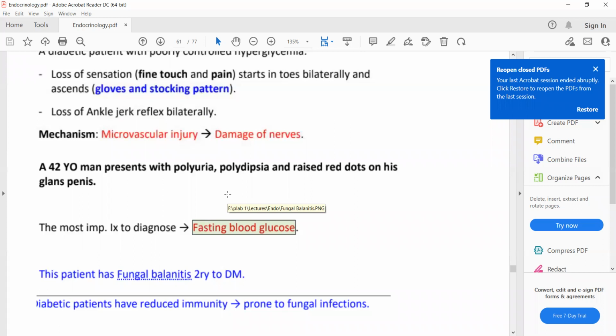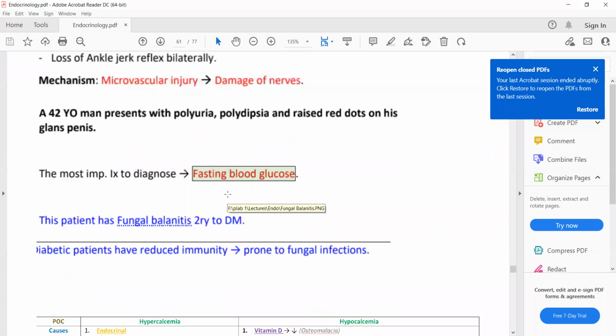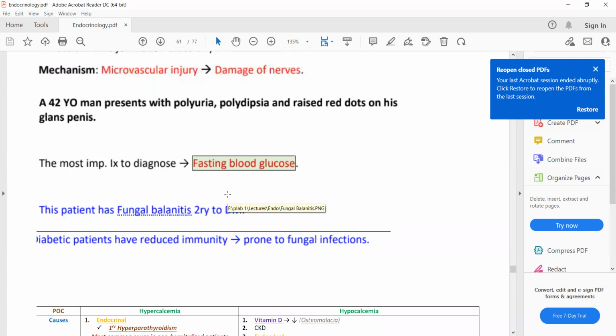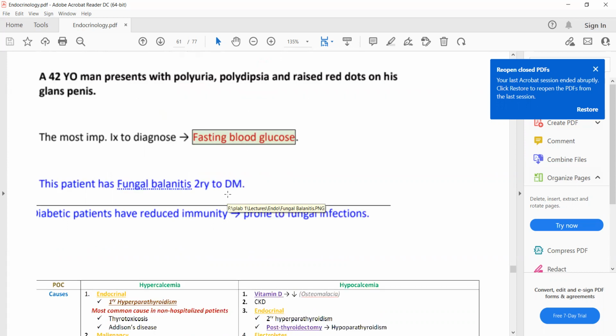Another complication of diabetes mellitus is fungal balanitis. Remember that the immunity of diabetic patients is low, so they are prone to getting fungal infections. So a 42-year-old man presents with polyuria, polydipsia, and a raised red spot on his glans penis. What is the most important investigation to make a diagnosis?